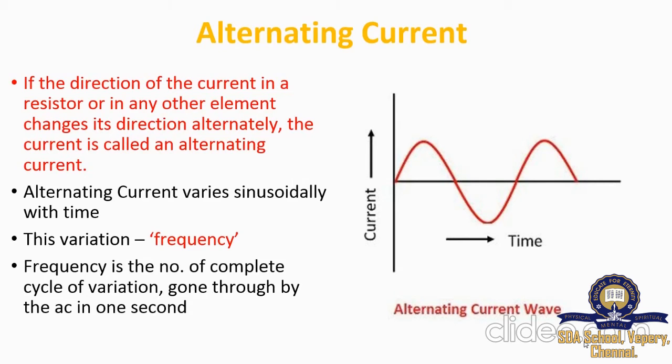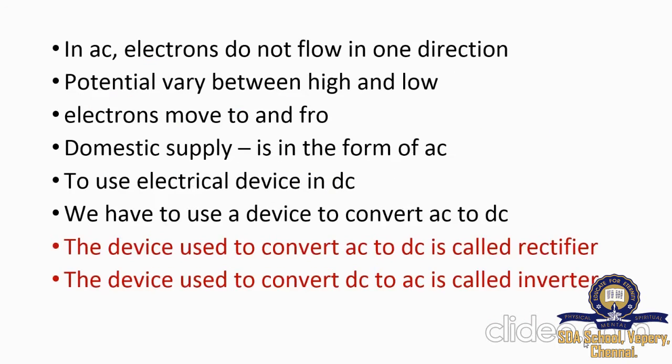And this variation is termed frequency, where frequency is the number of complete cycles of variation gone through by the alternating current in 1 second. And in alternating current, electrons do not flow in one direction and potential varies between high and low alternately.